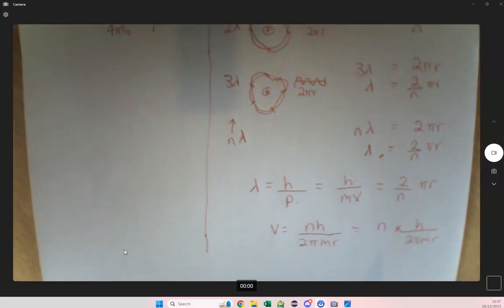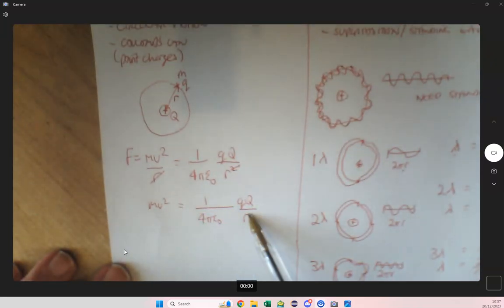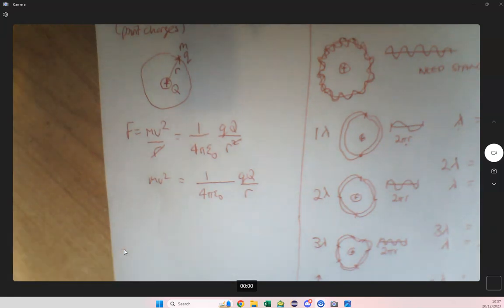Alright, so what can we do with this? Well, if we go back, you can see we've got mv squared is equal to this. So let's turn that around a little bit, and that means that I can say that v squared is going to be qq upon 4 pi e naught mr. So I've got v squared is equal to that.